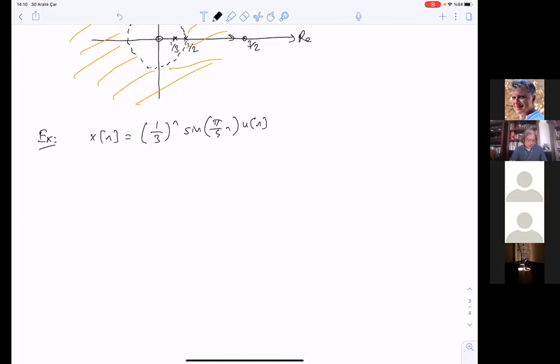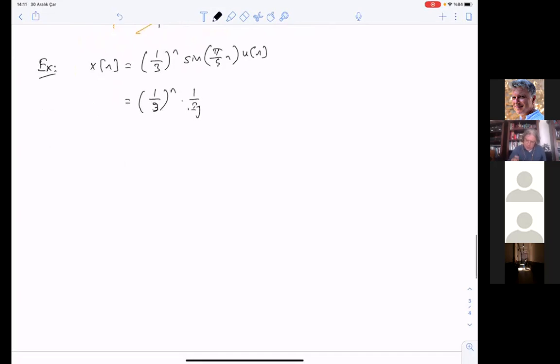So let's do the Euler's expansion, and we see that this thing becomes equal to 1/3 to the power n, which is already in the exponential form, times 1/2j times e to the j pi over 4 n minus e to the minus j pi over 4 n.